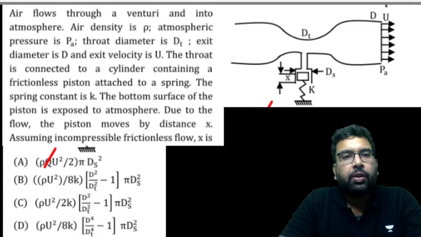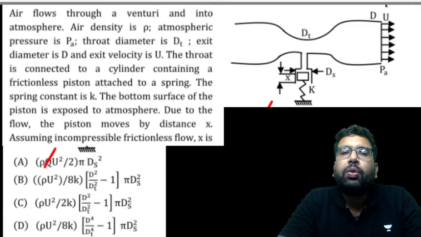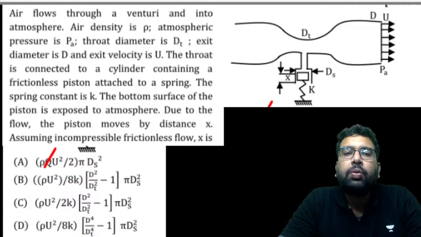So guys, this is one of the best questions I found in physics from the properties of fluid, particularly from fluid dynamics, the Venturi Bernoulli equation. So this question belongs to that topic. Now let's read the question. It says air flows through a venturi and into the atmosphere.